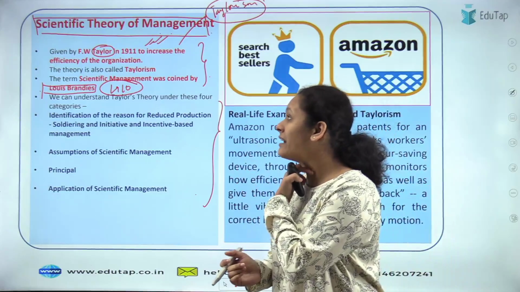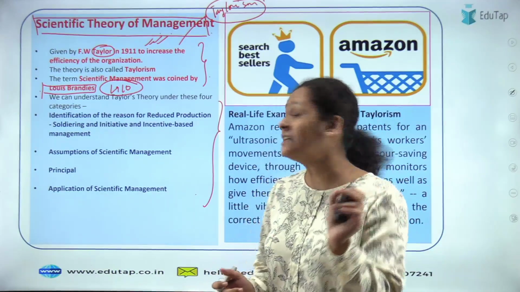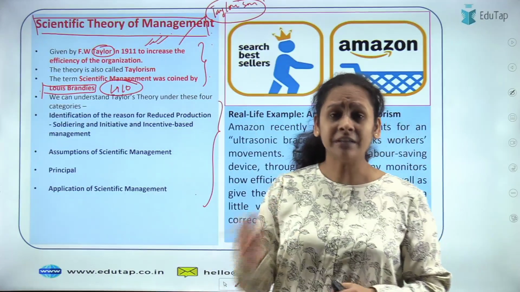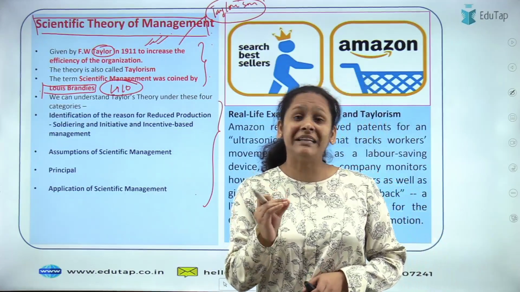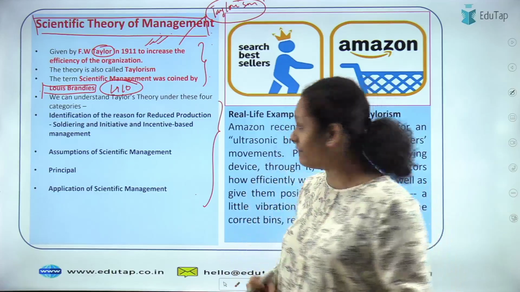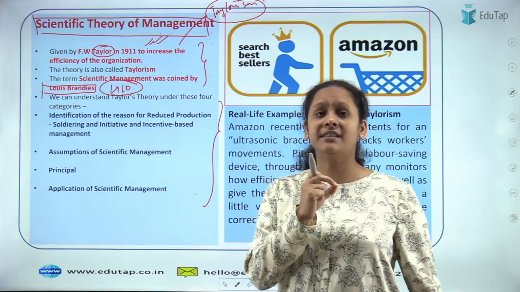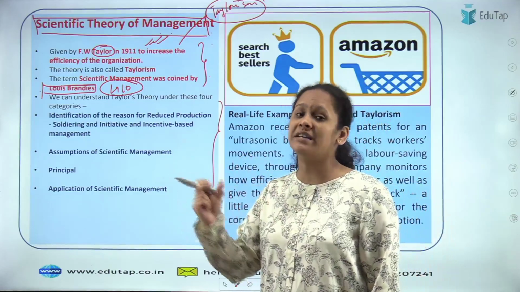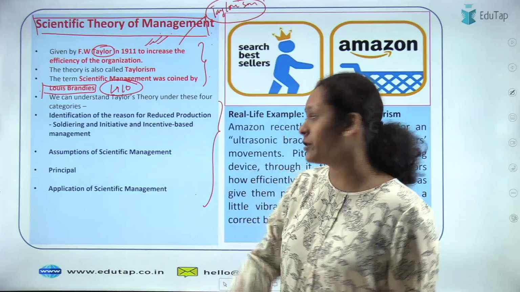That is when in 1911 he came up with this scientific management theory. He saw that there were many reasons because of which the production was not at the optimum level. So he decided to formulate a theory which would cater to all the basic needs in case of any production institution.